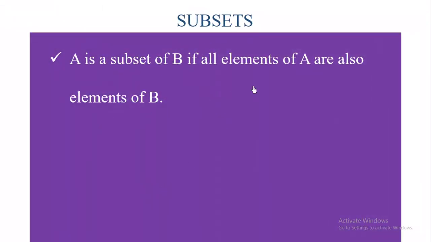Subset of a set. If we have a set A and another set B, then all the elements of A are also elements of B if A is a subset of B. So let's say we have a set A is equal to {a, b}. Then another set B is equal to {a, b, c, d}.